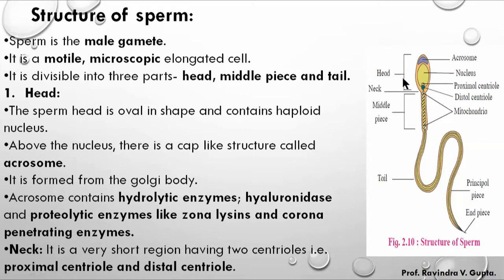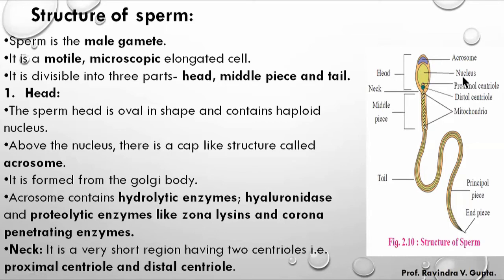Now we are taking the first part, called the head. The sperm head is oval in shape, like an egg shape, and contains a haploid nucleus. In this diagram, the head consists of three main parts. The first is the acrosome enzyme, and the second is the nucleus. The nucleus inside a sperm is haploid.